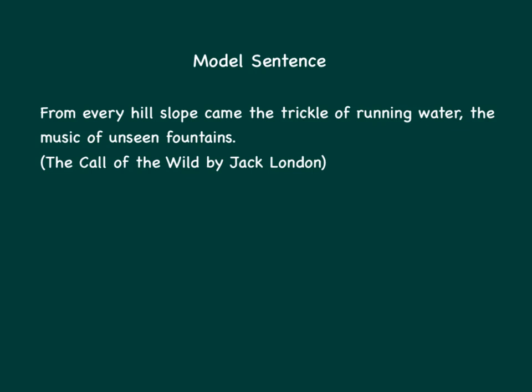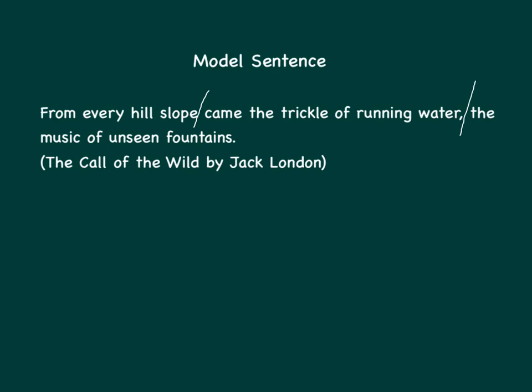From every hill slope, came the trickle of running water, the music of unseen fountains. Now that I've broken the sentence into parts, it'll be easier to imitate because I will begin by just imitating each part, but making sure that each part goes together to complete a sentence and it is grammatically correct.